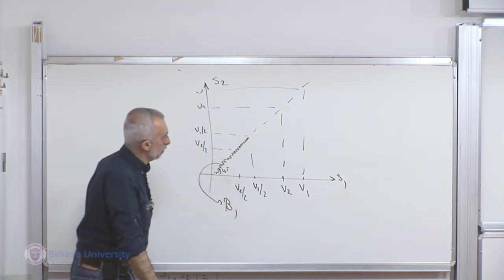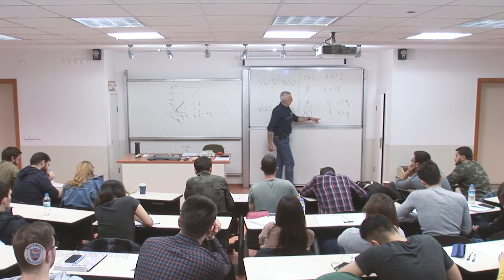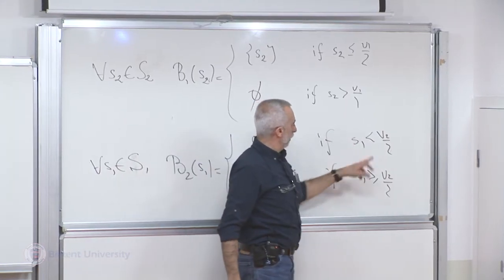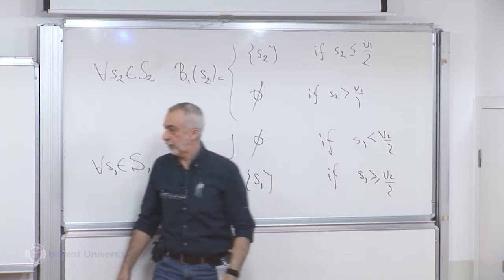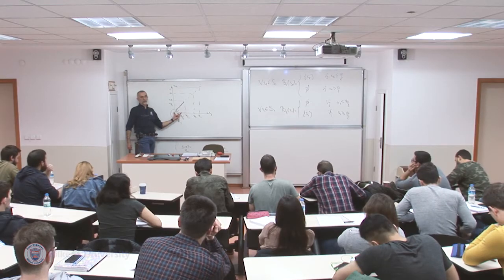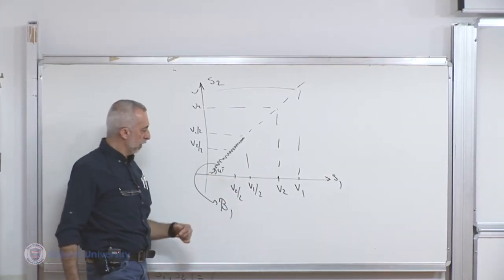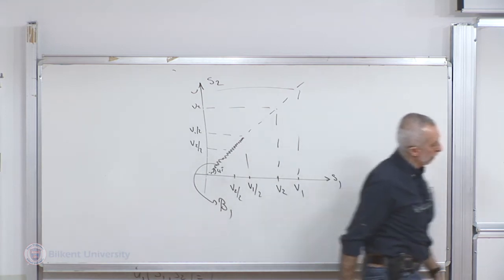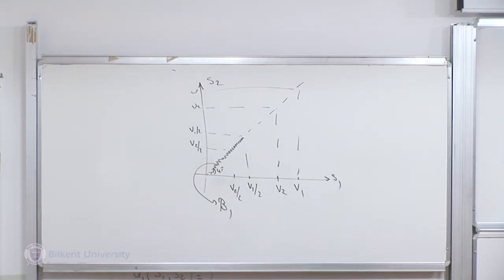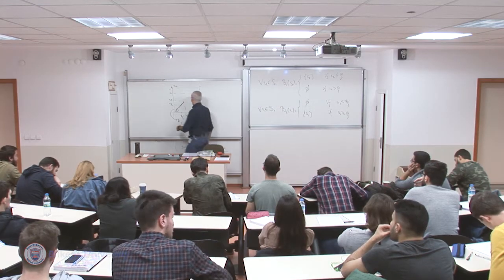So let's draw the picture for B2. If S1 is less than V2 over 2, he doesn't have a best response. So for any strategy in this region, player 2 does not have a best response. For any S1 bigger than V2 over 2, his best response is to play the same strategy as player 1.